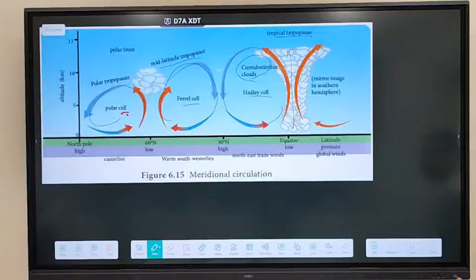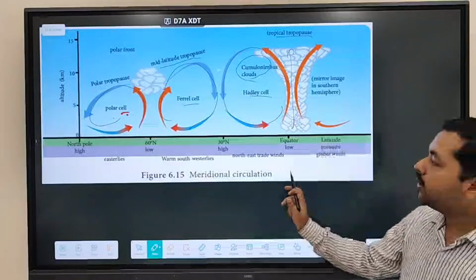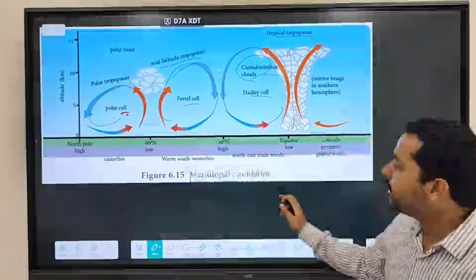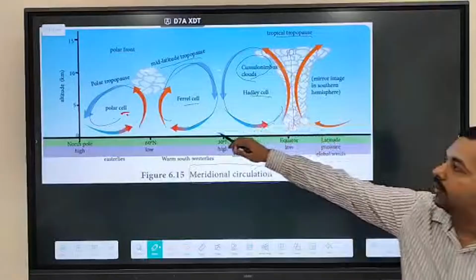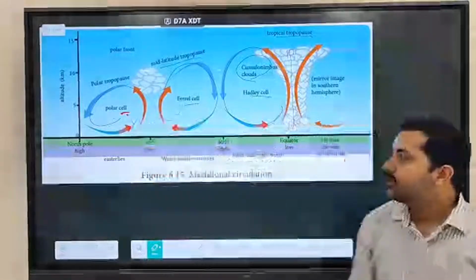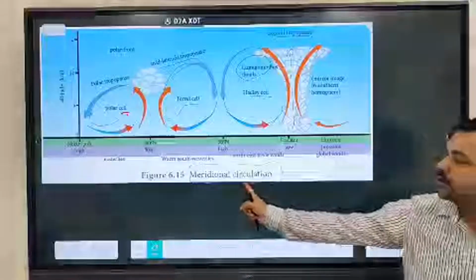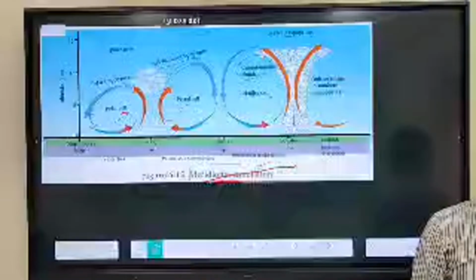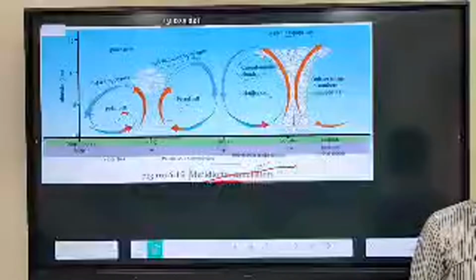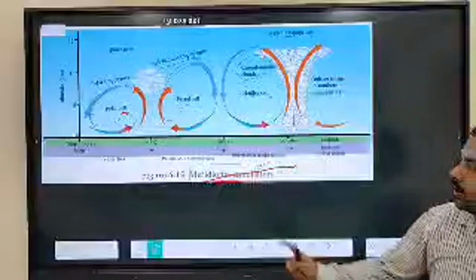Fine. Have a break. And one more thing, there is a term that is used called meridional circulation. What is this meridional circulation? These 3 cells are referred as what? Meridional circulation. Why meridional circulation?